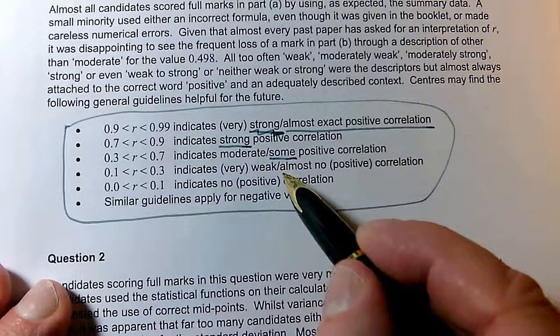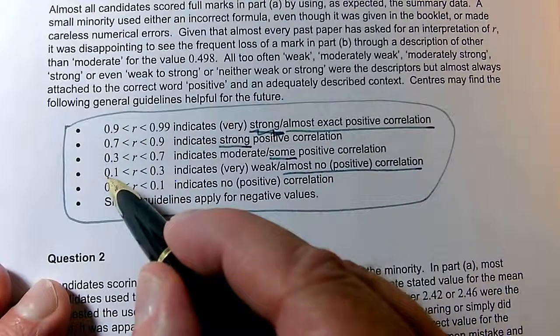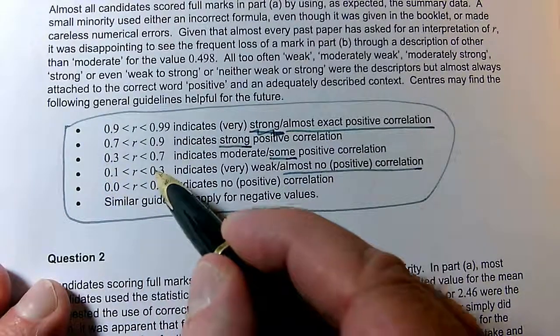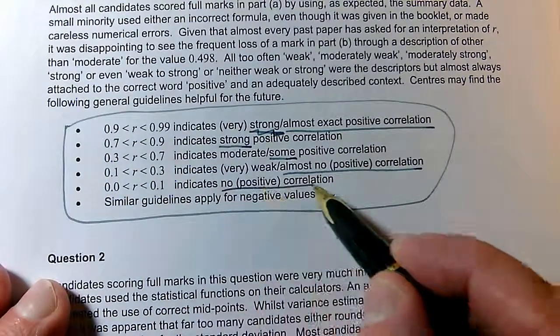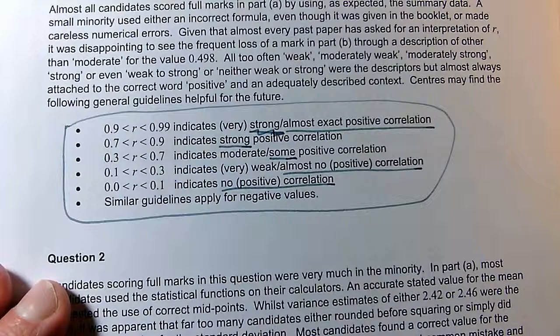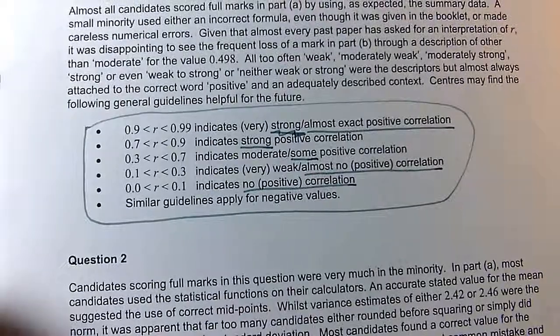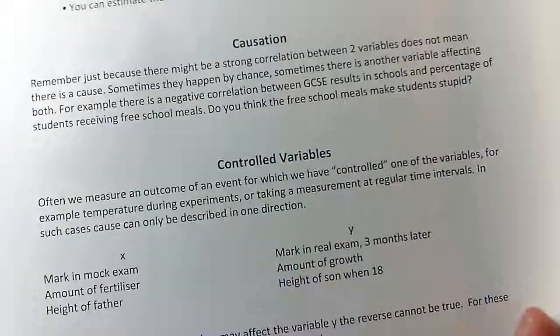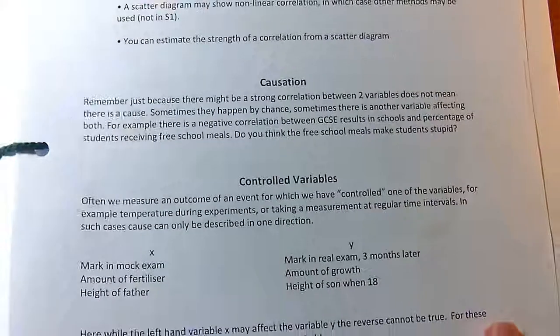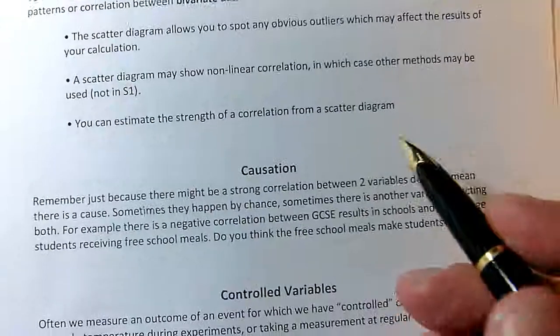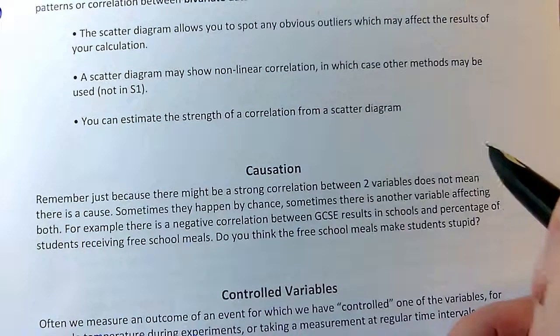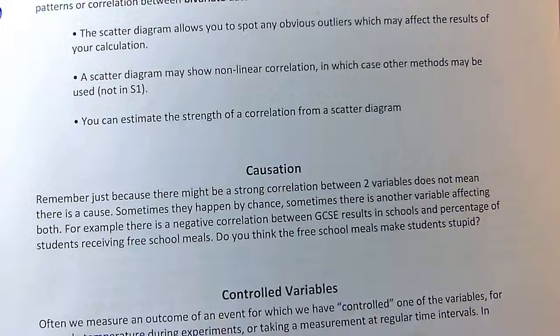Let's go for almost no correlation for 0.1 to 0.3 and no correlation for anything less than 0.1. So make a note of those. You can put those in your notes, on this particular page here. You've probably fit them in here. Just make sure you've got a record of those guidelines.